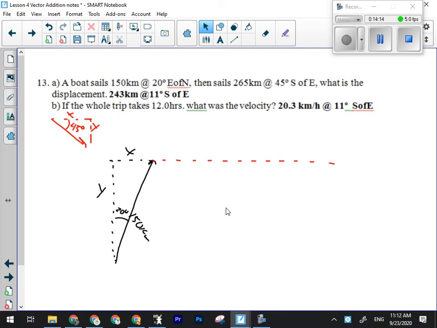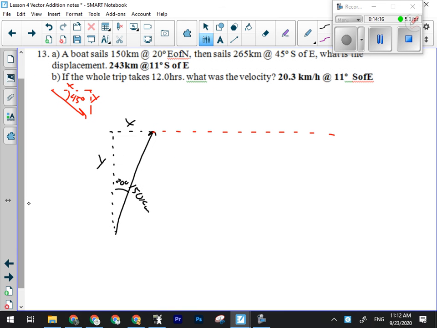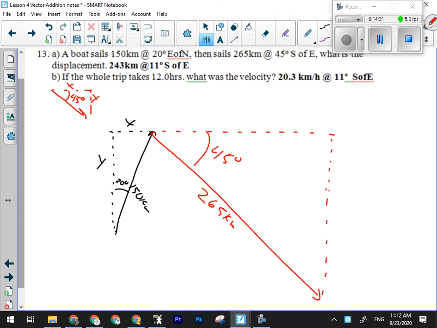So I'm going to draw that in now, 45 degrees, below where I started. Sorry, my triangles are also crooked. 45 degrees, this is 265 kilometers.